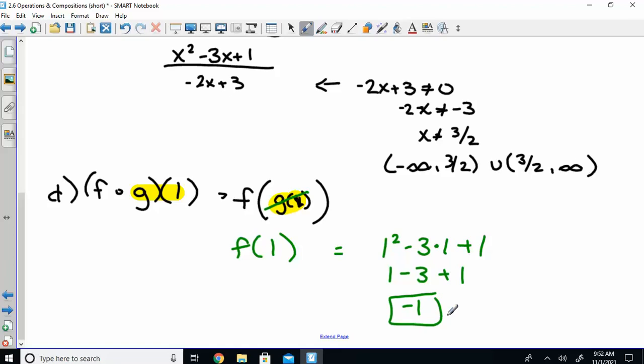All right. The other piece that we did on Friday, which was probably the most confusing piece, was the difference quotient. So I'd like to do one of those to kind of refresh if we could.